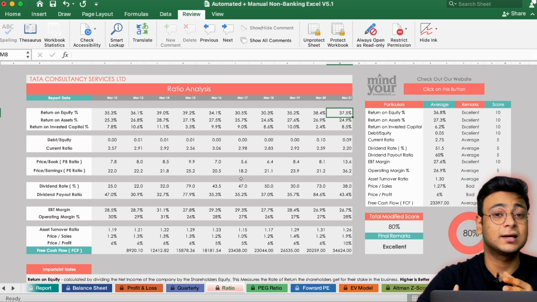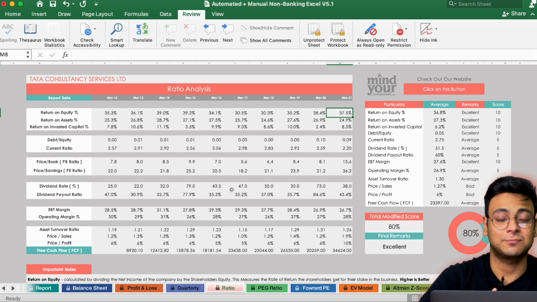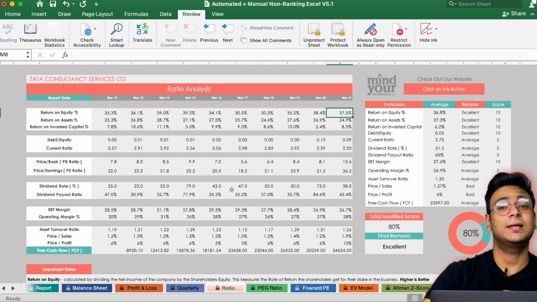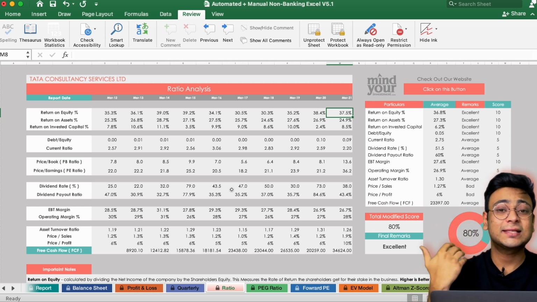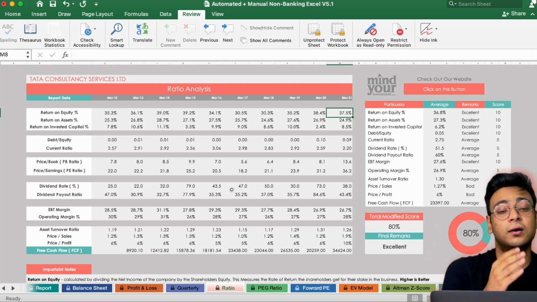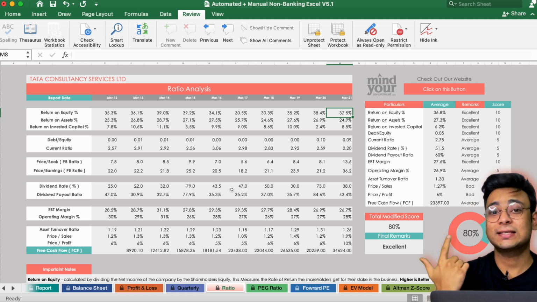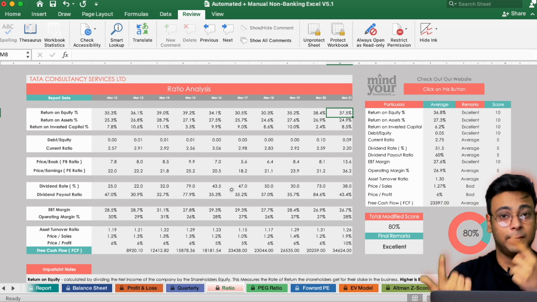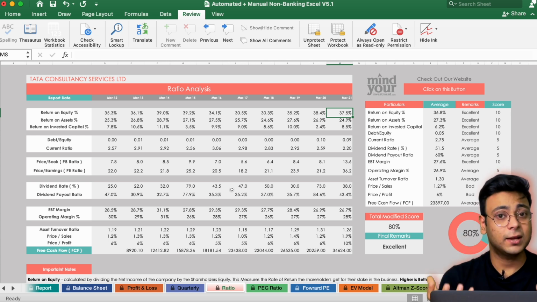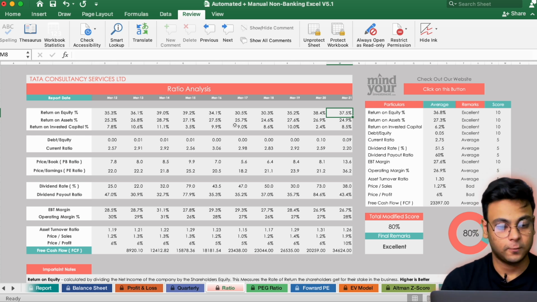Right now, it is 37.5%, which is very good for any investment in a company. That basically means the company is giving us 37% return for the amount that we invest in it. For every 1 rupee, I'm getting 37% profit made by the company. So that is a big return that you get from this company in terms of return on equity.